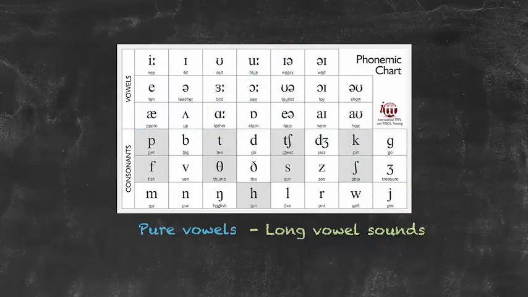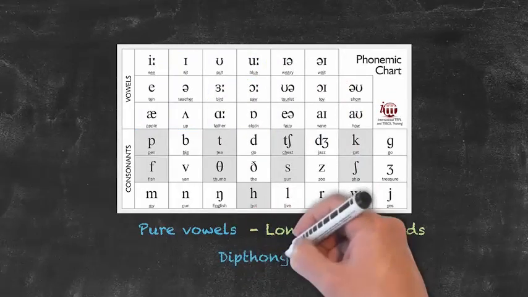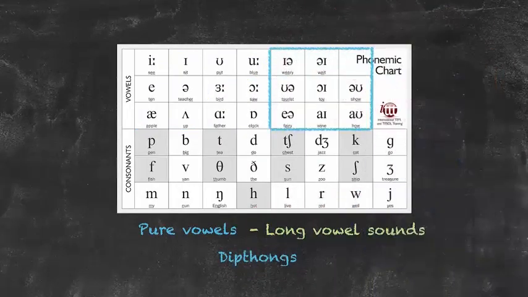Secondly, we have what are called the diphthongs. The diphthongs combine 2 vowel sounds in such a way that it's impossible to split them and still pronounce the word correctly. Our diphthongs also require a movement in the mouth in order for that vowel sound to be made. To illustrate the point, let's take a look at the vowel sound oi.